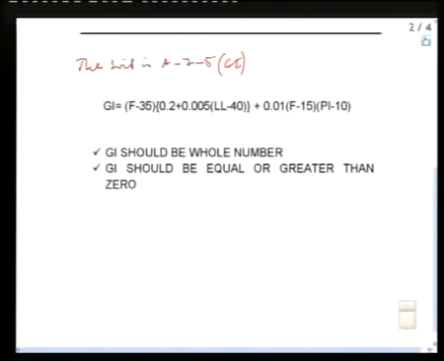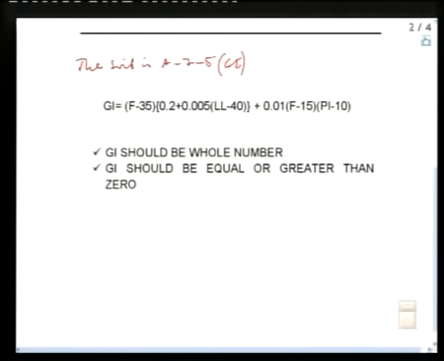You should solve it correctly, find A75, for example, and then between brackets write the group index. What is the group index? This is the equation, a long one: GI = (F minus 35)[0.2 plus 0.005 multiplied by (liquid limit minus 40)] plus 0.01 (F minus 15) multiplied by (PI minus 10).